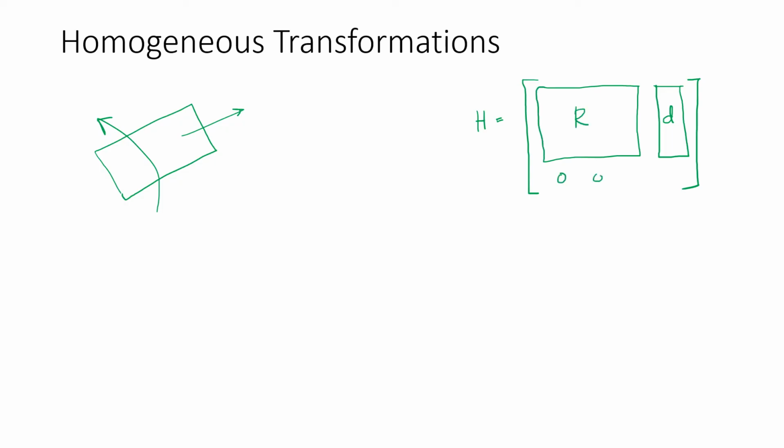And then you have zeros in the last row except the last element. So this body, which has a rotation defined with a matrix R and a translation defined with d, can be defined using homogeneous transformations.